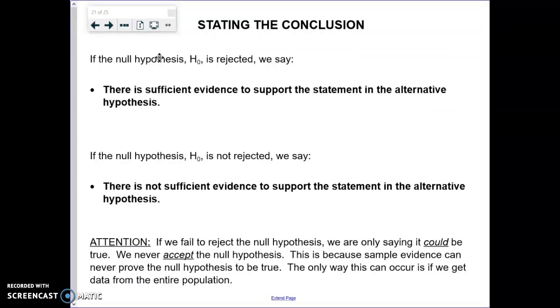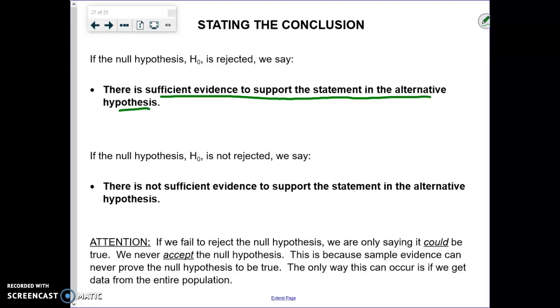How do you state the conclusion? Well, if the sample data is strong enough to disprove the null hypothesis, then we say there is sufficient evidence to support the statement in the alternative hypothesis. This is where you've got to look back at what the statement was.